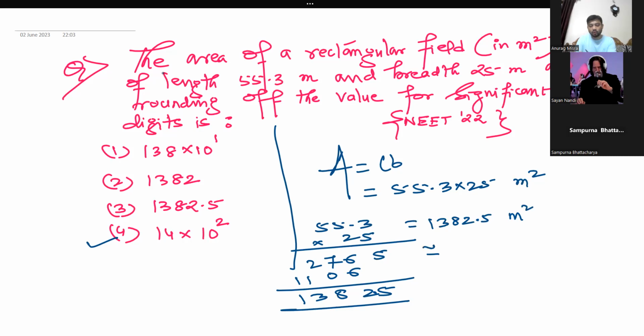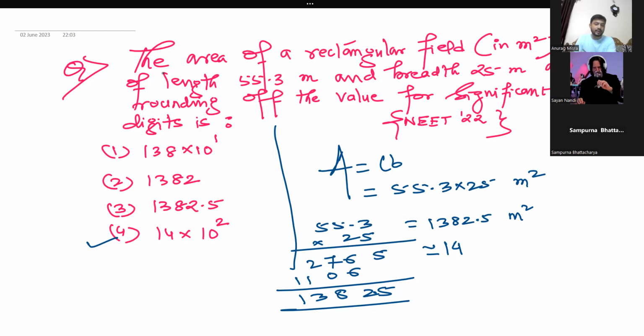So 2 significant figures हमें चाहिए. ठीक है. The first digit to be dropped is 8, जो कि more than 5 है. The previous one will become 4. It will become 14. ठीक है. Is that clear?